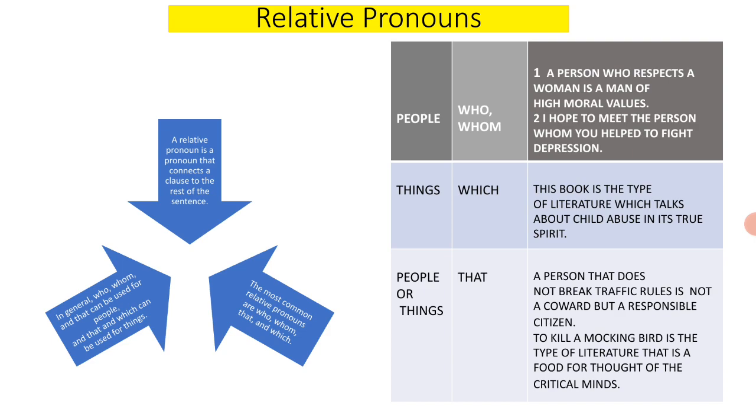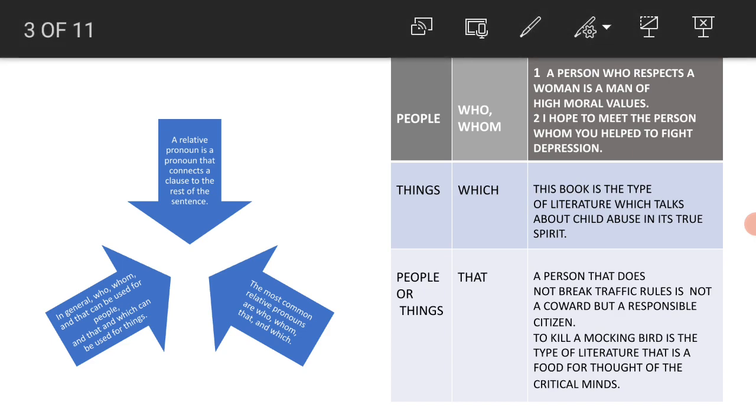The next relative pronoun is which. The example for which is: this book is the type of literature which talks about child abuse in its true spirit. Now we have that. That is one of the richest relative pronouns because we can use that for people as well as for things.